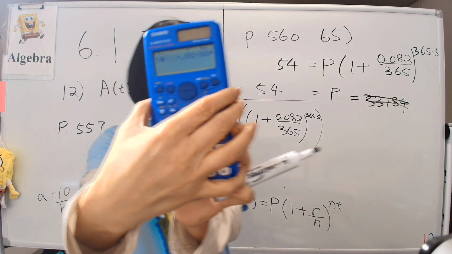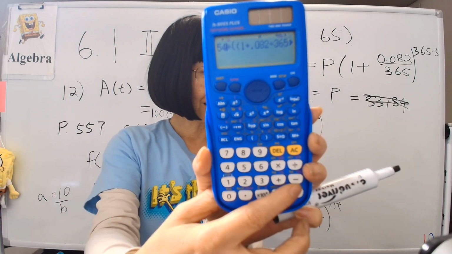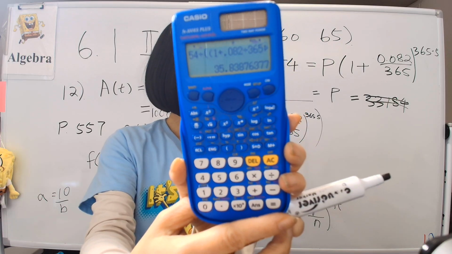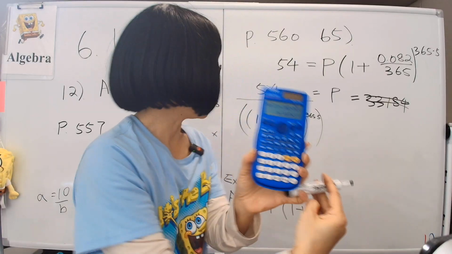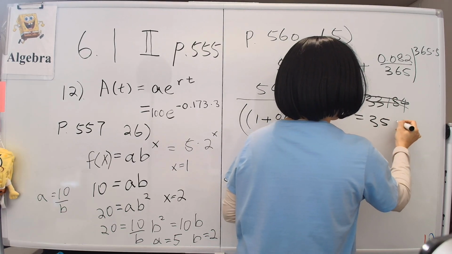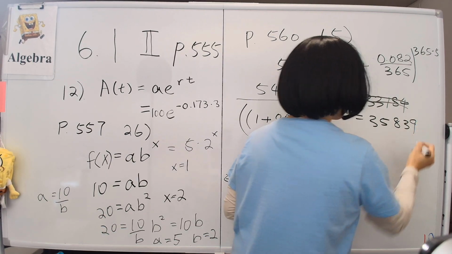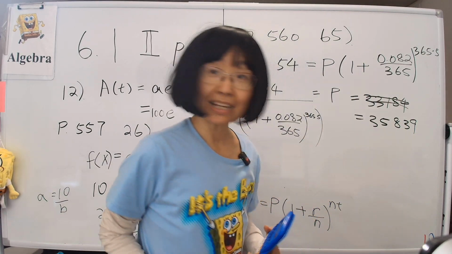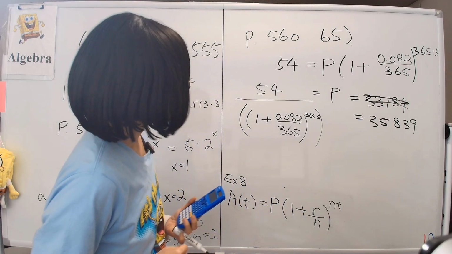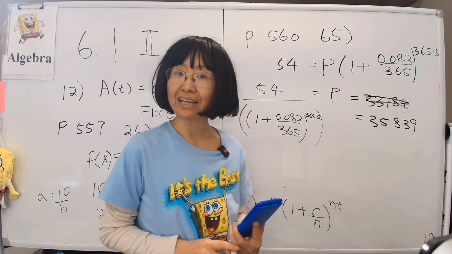Now let's try again. Push the equal sign, and this time I got 35,839. Is that right? Yes, it's correct. Yay! That's much better, and that should mark the end of this section.